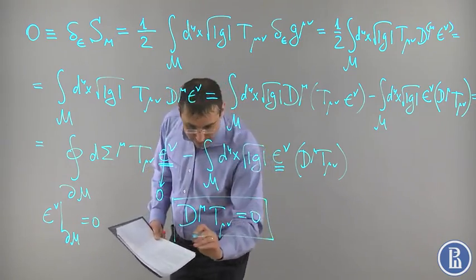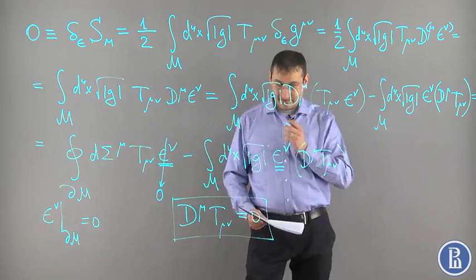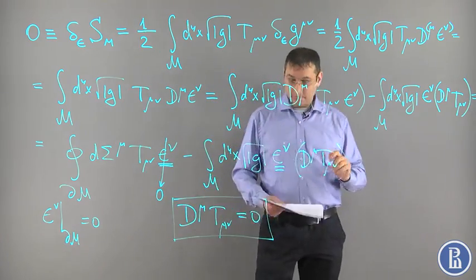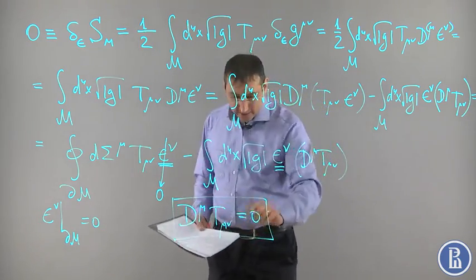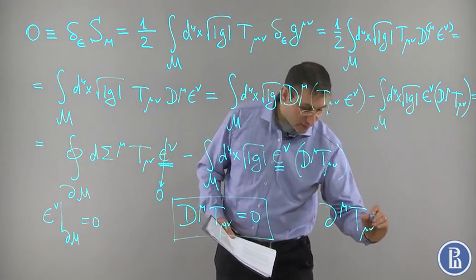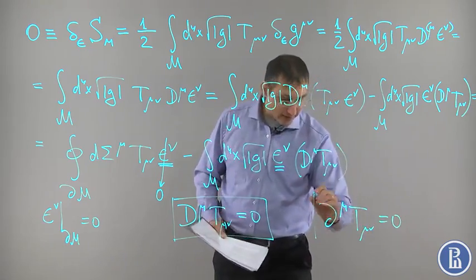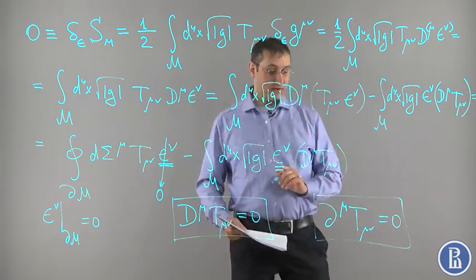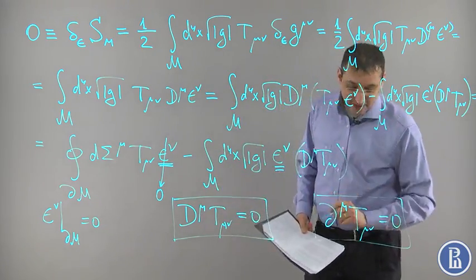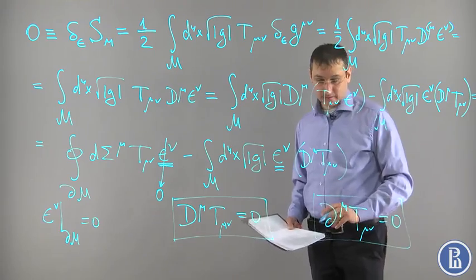So this equation should clarify the physical meaning of t mu nu. Because this is a covariant generalization of the following law, following from coordinate transformations. This law, in special theory of relativity, was the conservation of the energy momentum tensor.